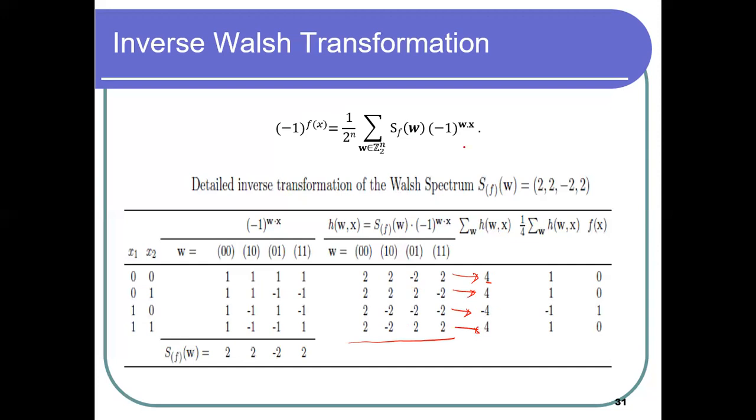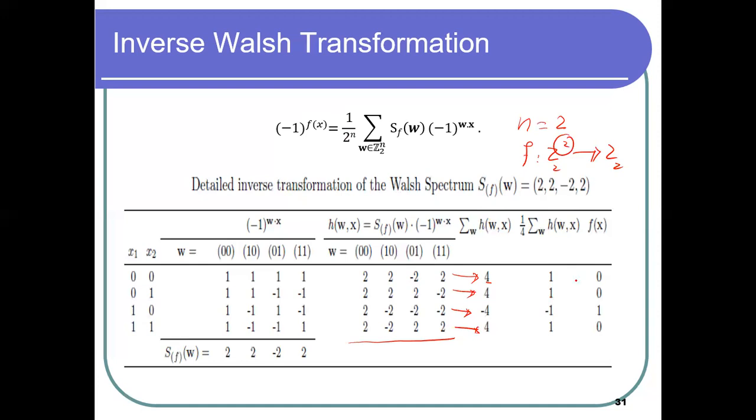So this is 1 over 2 to the power n. In that case, our Boolean function, n is 2, because f is from Z2 to Z2. So here our n is 2. In this case, 1 over 2 to the power 2, which is 4, 1 over 4. I have to divide this by 4. So I will get 1, 1, minus 1 and 1.